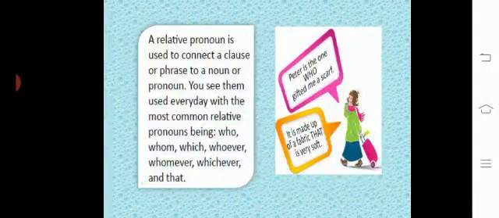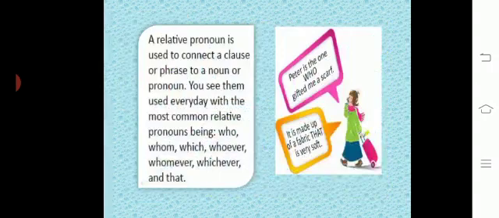and most importantly, that. Now, just for your remembrance, I told you when we talk about relative pronouns, the words who, whom, which, whoever, where, whose, these are not interrogative clauses. These are relative pronouns. We have seen this example already.